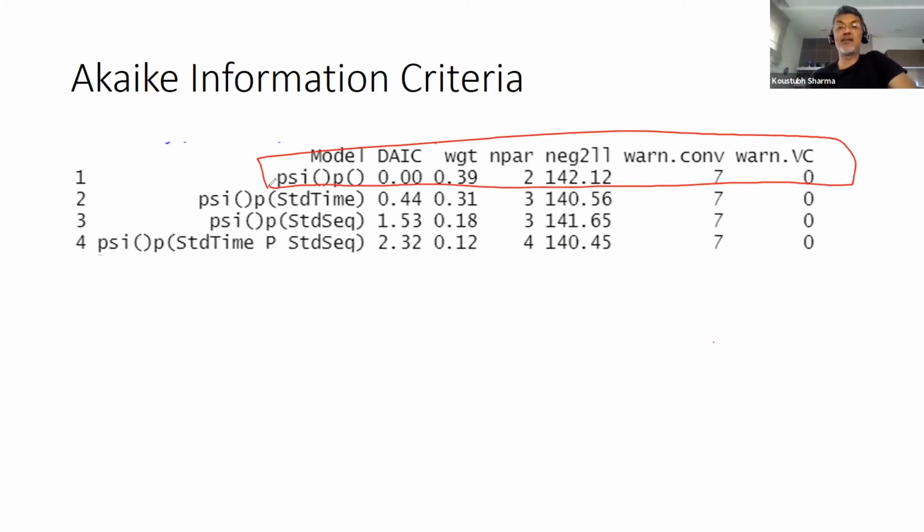So, in other words, this very simple exercise has tested three hypotheses: whether detection probability is a function of time, whether detection probability is a function of sequence, or whether detection probability is a function of sequence and time put together. And it's testing them versus the hypothesis that detection probability is constant.